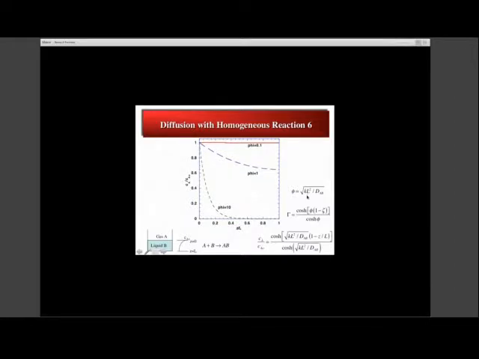And if this value is low, that means that the rate of chemical reaction is low. We're solving this problem in the limit of pseudo-steady state. And you can imagine what the situation would be if K were 0.